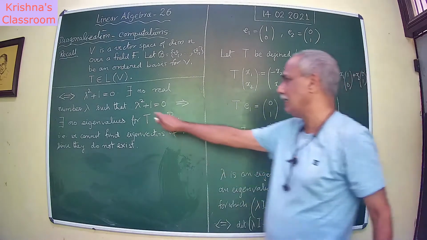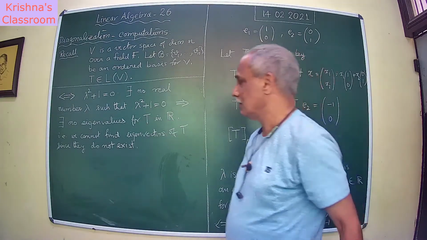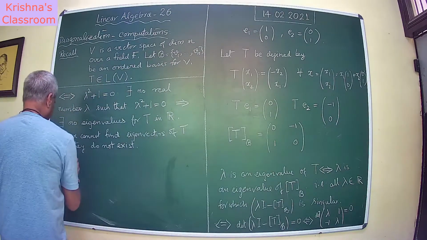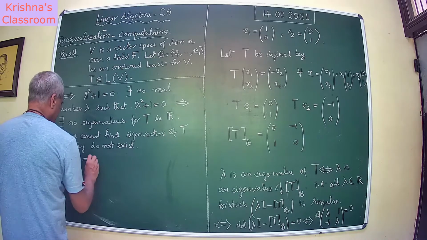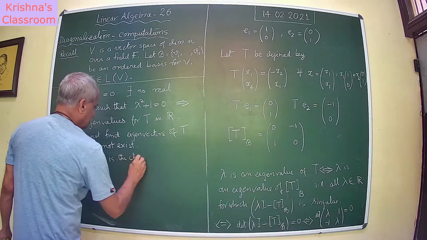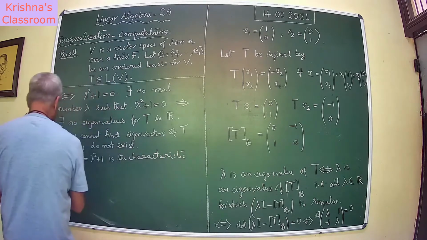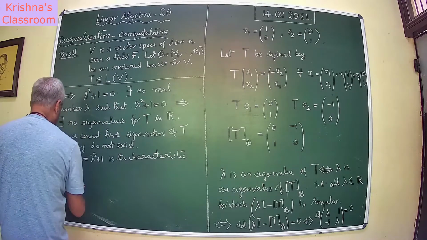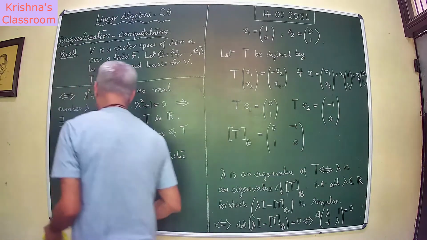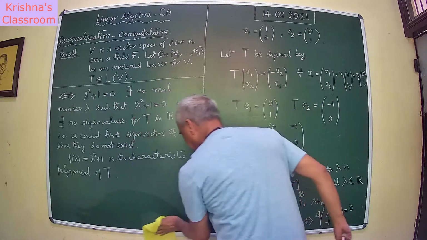Now this is exactly the characteristic polynomial associated with T. So the characteristic polynomial has no zeros in R. This is the problem.